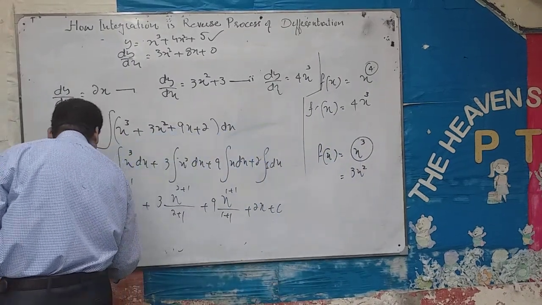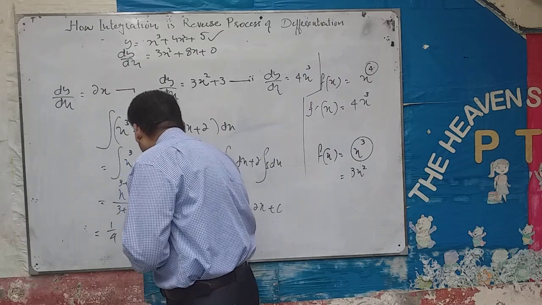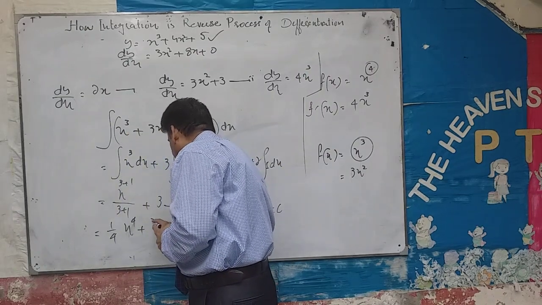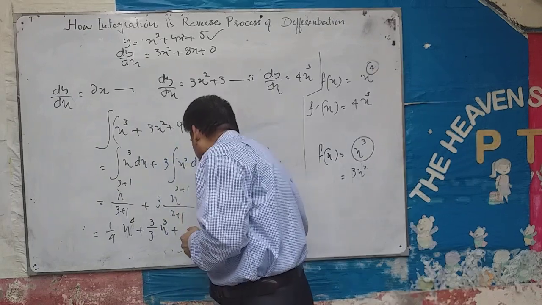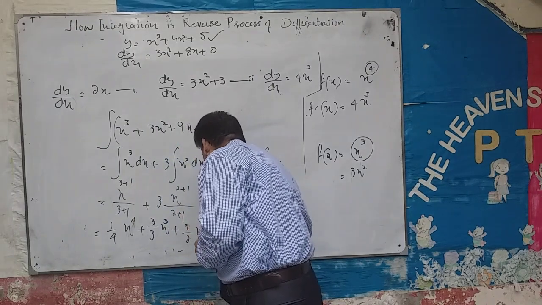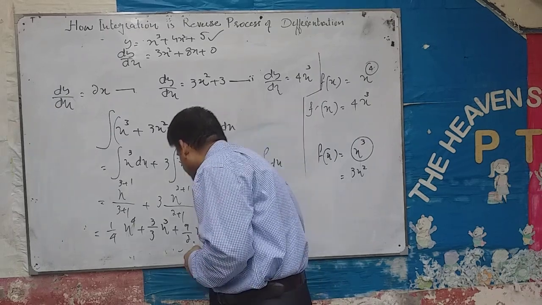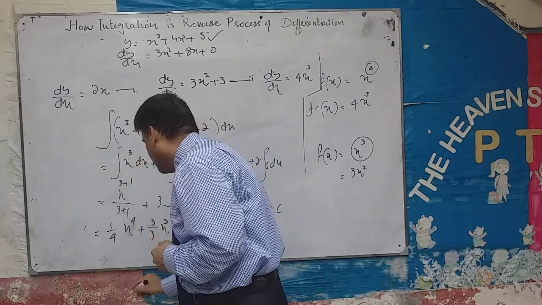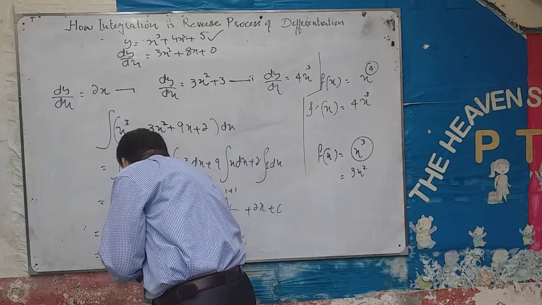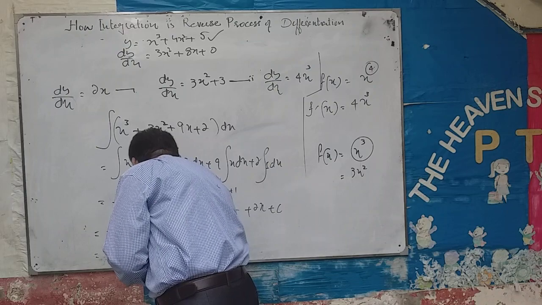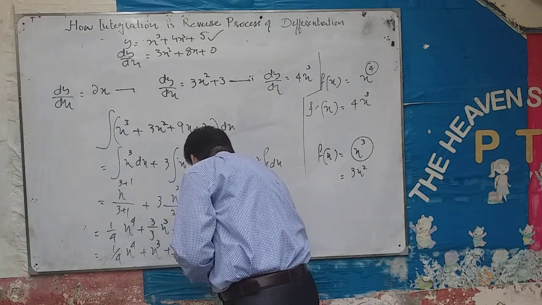After simplification we get 1 by 4 x raised to power 4 plus 3 by 3 x raised to power 3 plus 9 by 2 x raised to power 2 plus 2x plus c. We again write 1 by 4 x raised to power 4 plus x cube plus 9 by 2 x square plus 2x.